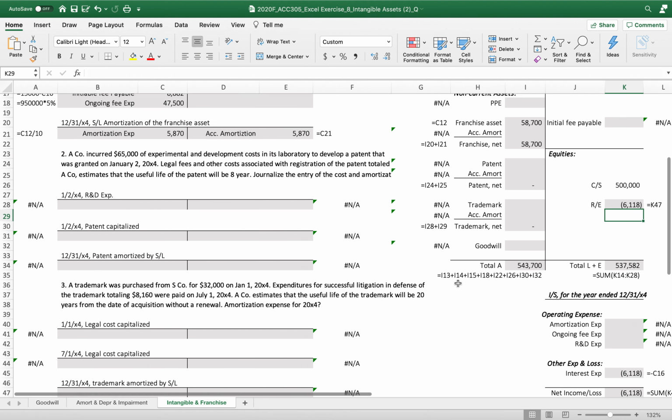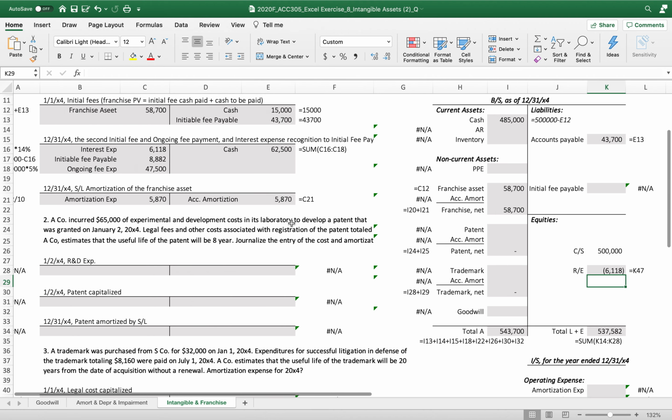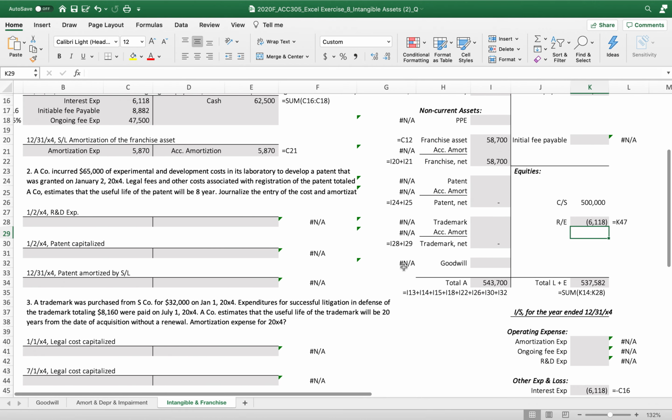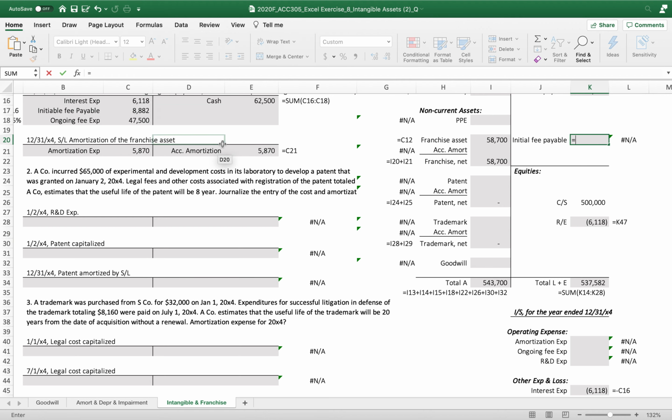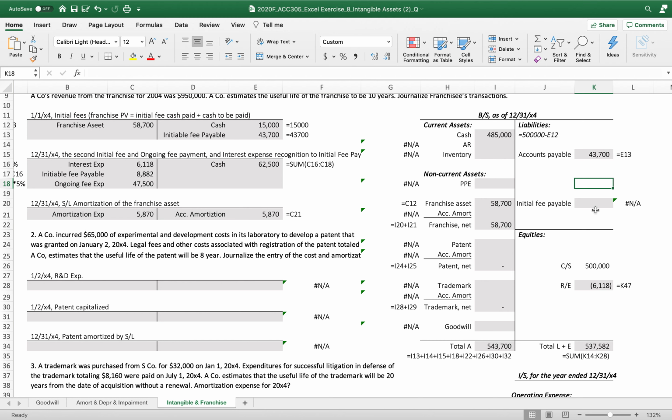So we also have the ongoing fee expense, 47,500. Initial fee payable first, that is the liability. We recorded it already. Sorry, that was wrong. Let's put the initial fee here.